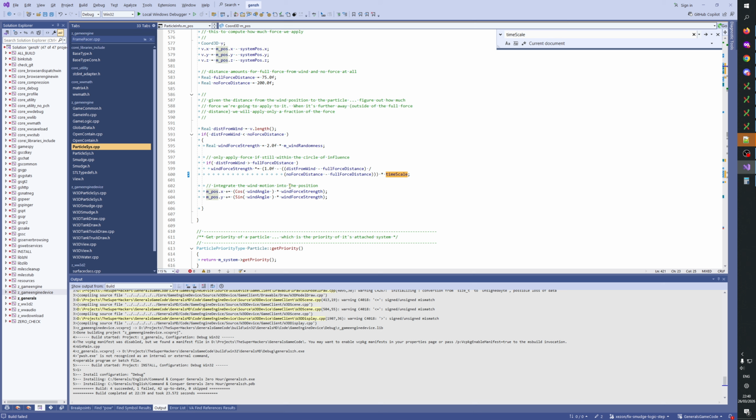Okay, as far as I can tell, this looks correct. Maybe. For strength. Hold on, this time scale is wrong. Needs to be here, because this is conditional.